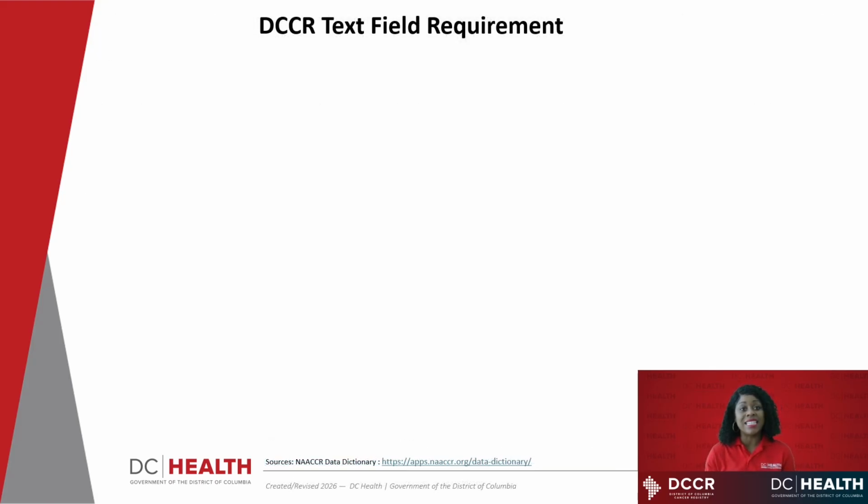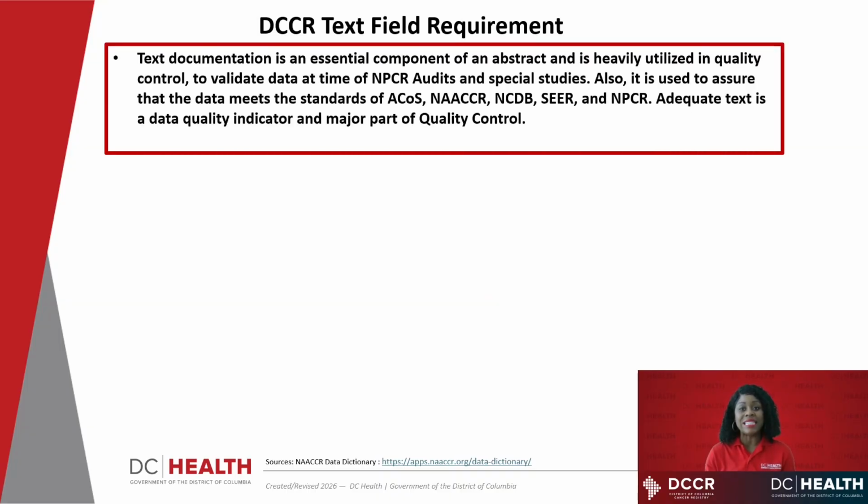Now let's get into the DC Central Registry text field requirement. DCCR text documentation is a vital part of every abstract and plays a key role in quality control, helping validate data during NPCR audits and special studies.